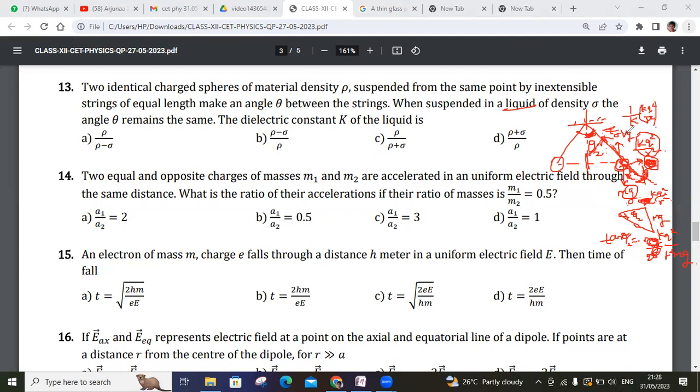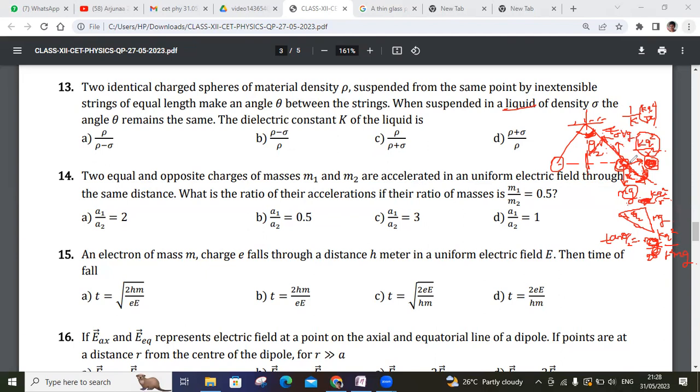And volume displaced we can get because we know mass and density of this charged sphere. Density is equal to mass by volume, so volume will be mass of the sphere by density of the sphere, that is rho.